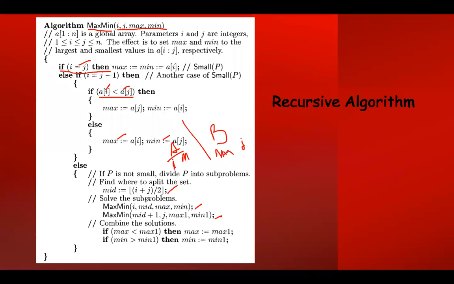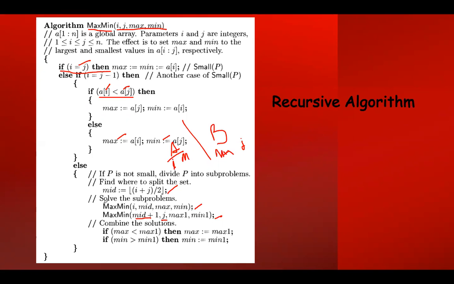While calling max min for part A, the first element is i and the last element is mid. The array is the same; only the array indices are passed. When I call max min the second time for part B, the first element is mid plus 1 and the last element is j. Here I have taken two different variables, max1 and min1.